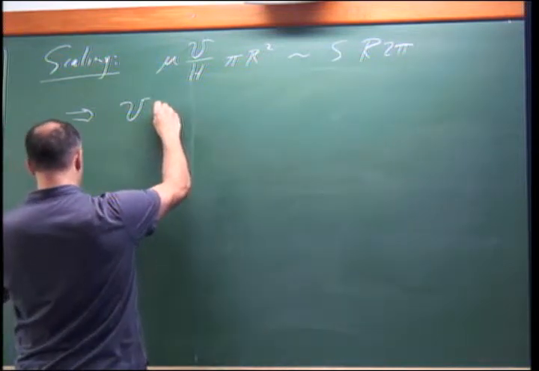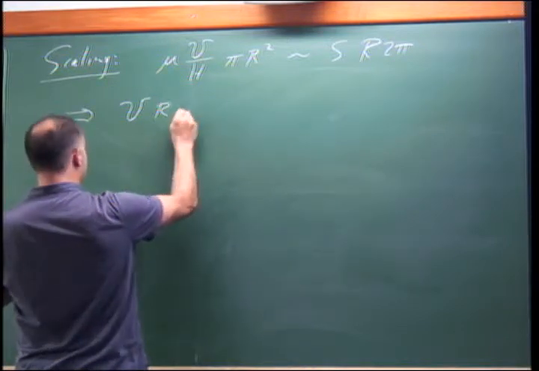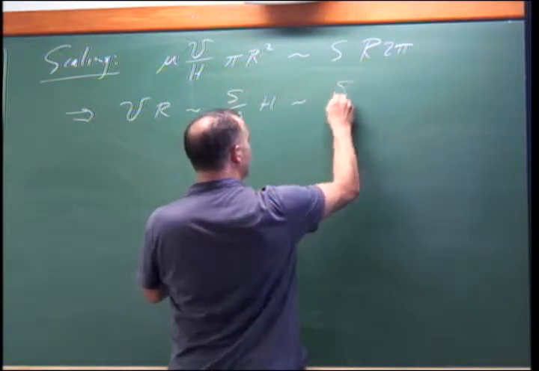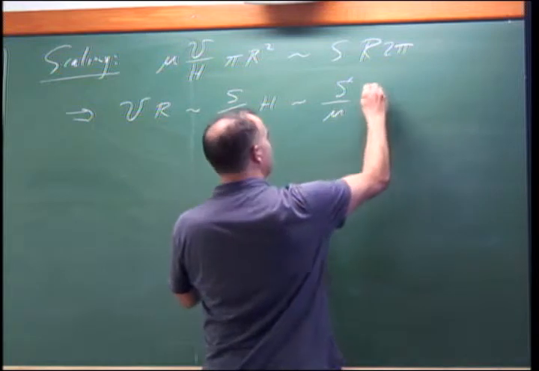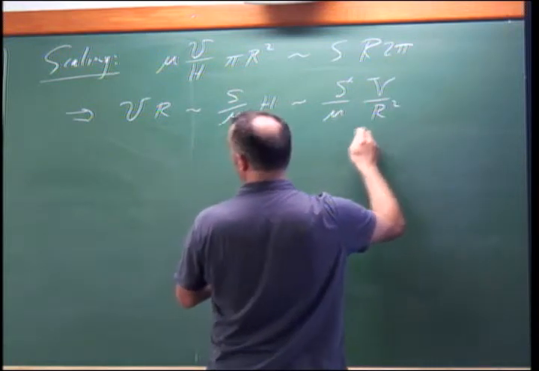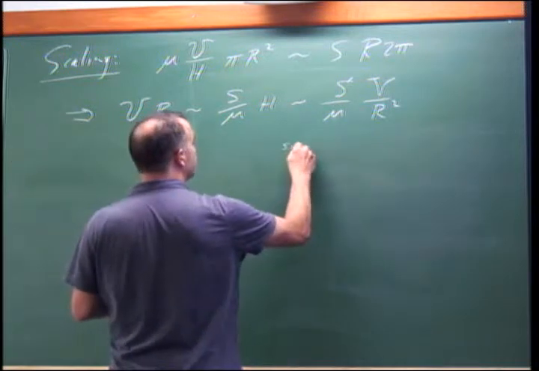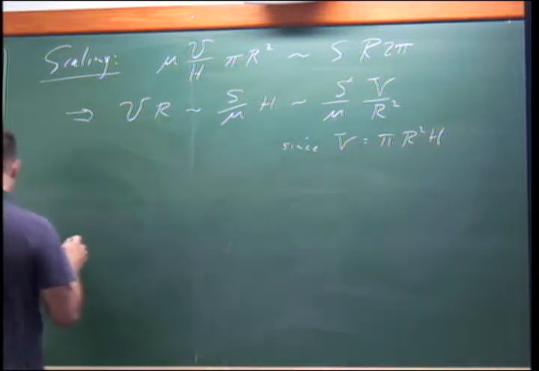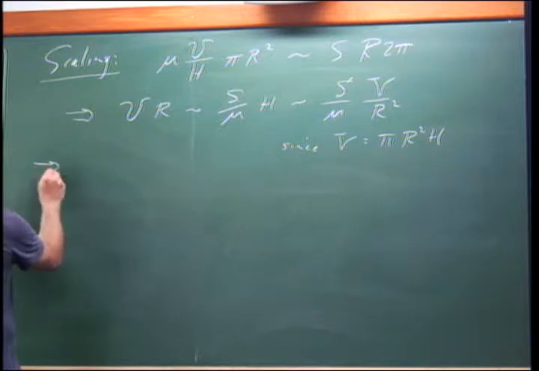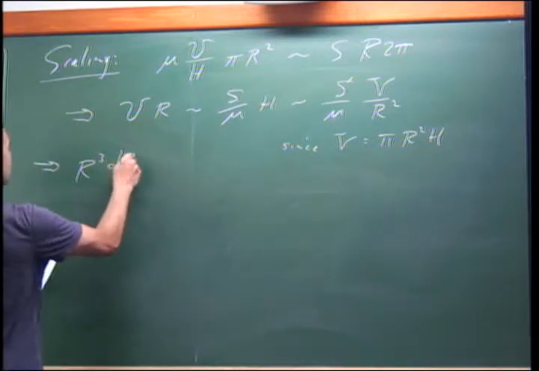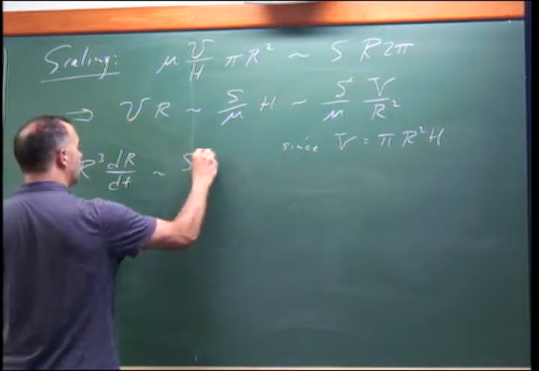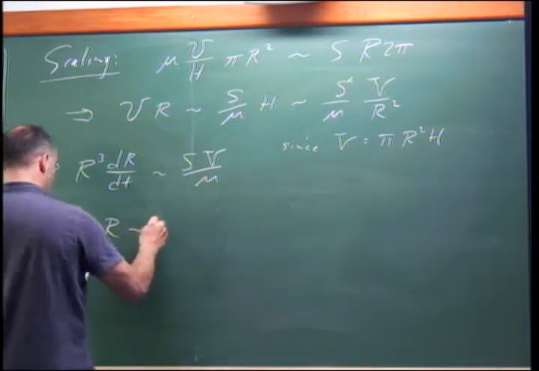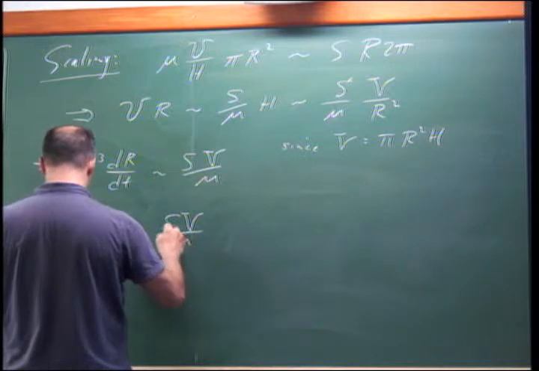It looks like S over mu H, and then we can use continuity, S over mu V over R squared, so you get SV over mu to the 1/4.